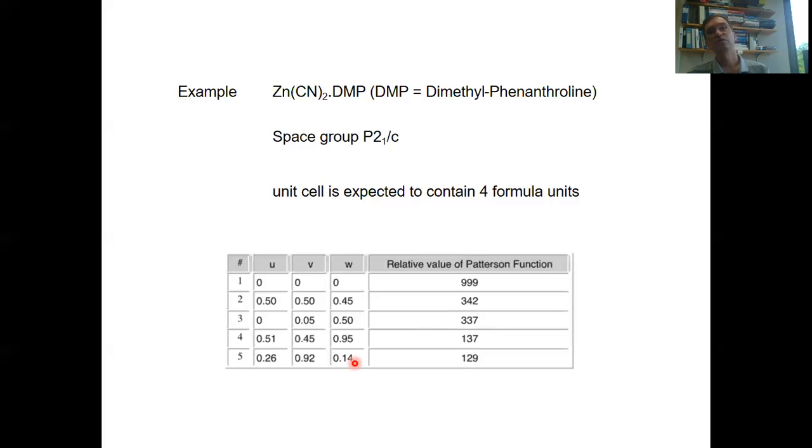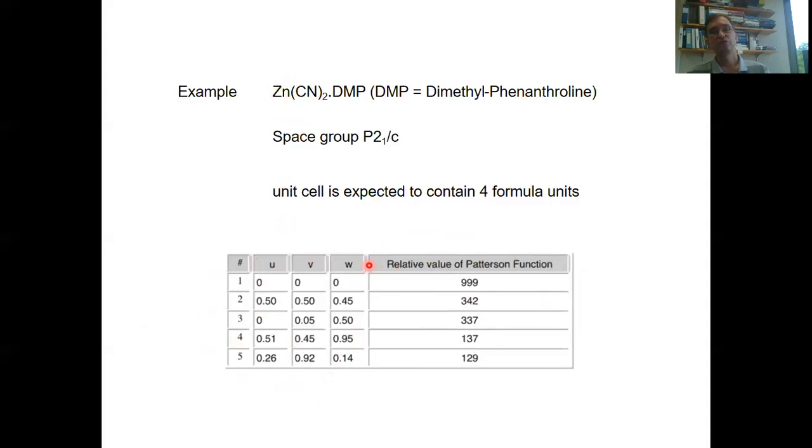That is because X-rays are diffracted by electrons, and the heaviest atoms have just the most electrons. All right, so we'll make a guess that the position of the zinc atom will be associated with the most intense peak in the Patterson function.